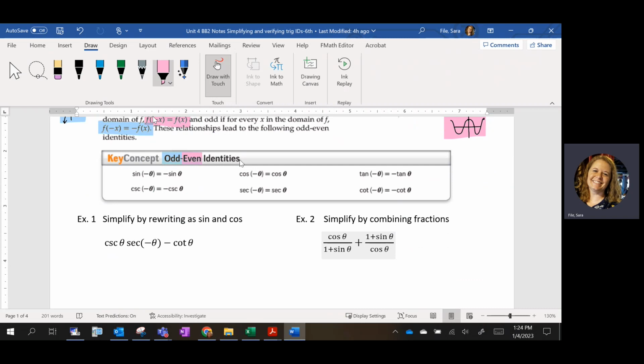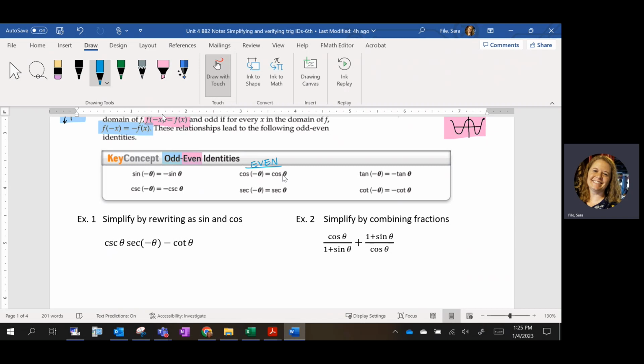So cosine is the only even function out of sine, cosine, and tangent. Its reciprocal is as well. The reciprocals are the same as the function that they are reciprocals of. So since cosine is even, that means if I input negative theta, I still just get cosine of theta.